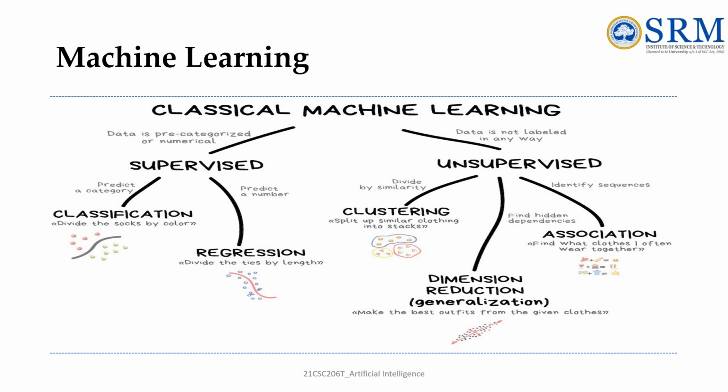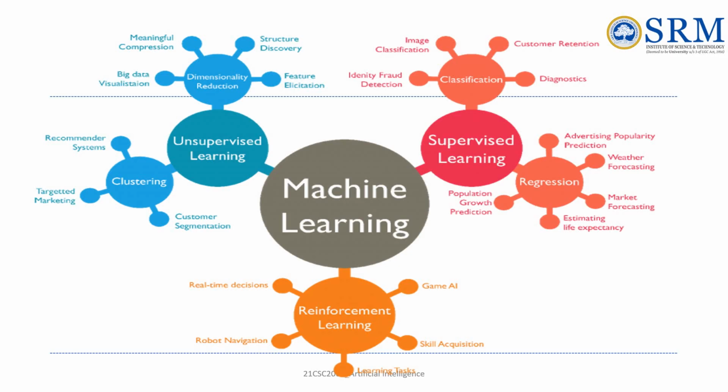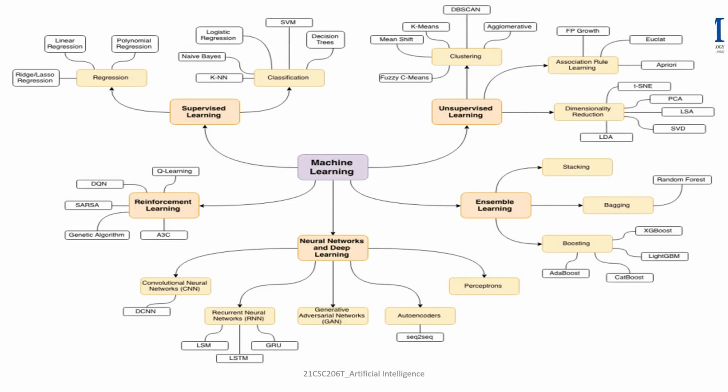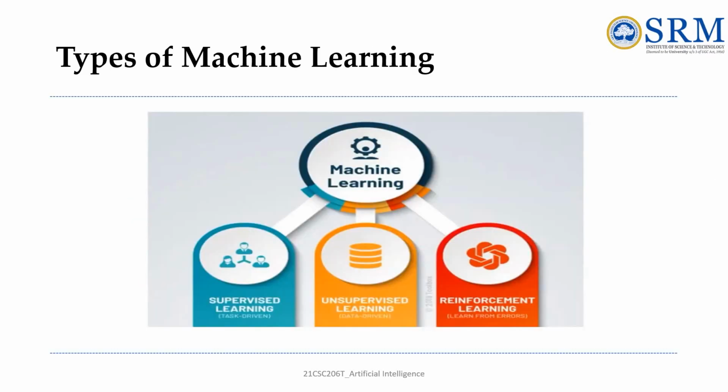Next, machine learning is broadly categorized into four types: supervised learning, unsupervised learning, semi-supervised learning and reinforcement learning. We'll see them one by one, first the gist of each. Supervised learning learns from labeled data, that is, input-output pairs, for example, predicting house prices based on past sales.